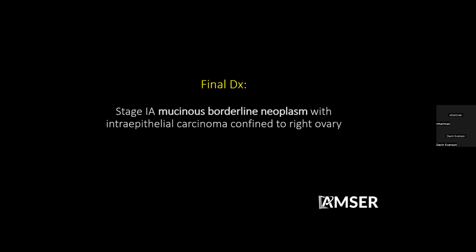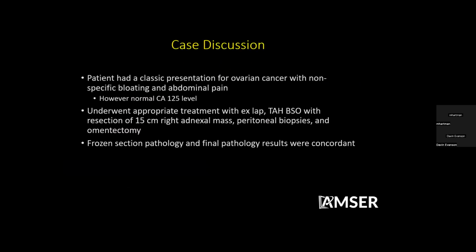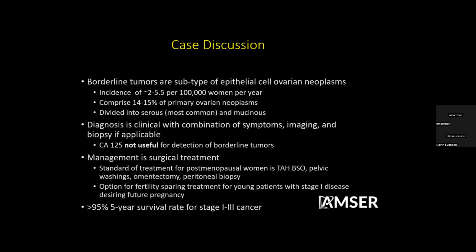This was something I was able to look into more, and if you want more information on what borderline tumors are, you can pause here and take a look. It's a really good way to combine radiology findings, pathology, and how that looks in the application of treating a real patient.